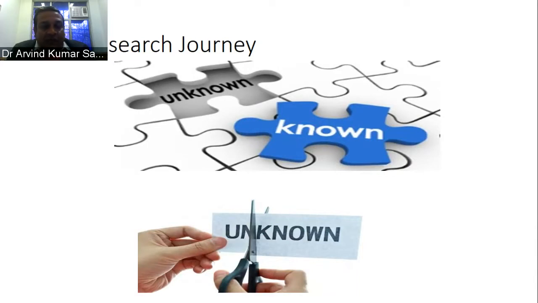For that, you have to do a preliminary literature review, because that will tell us what has already been researched so far, and what are the future gaps. Right? So, a work of a researcher is to start from the known, identify the unknown, and make it known to the world.